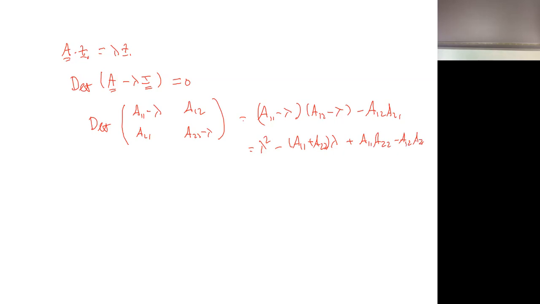You recognize T equals the trace, the sum of the diagonal elements, and D equals the determinant.